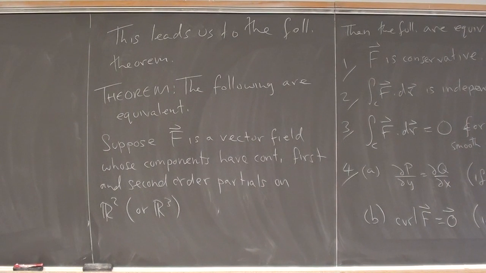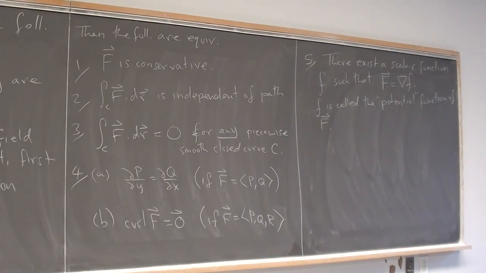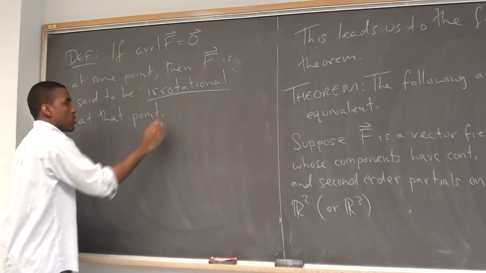This is just some vocabulary. If curl f equals 0 at some point, then f is said to be irrotational at that point.